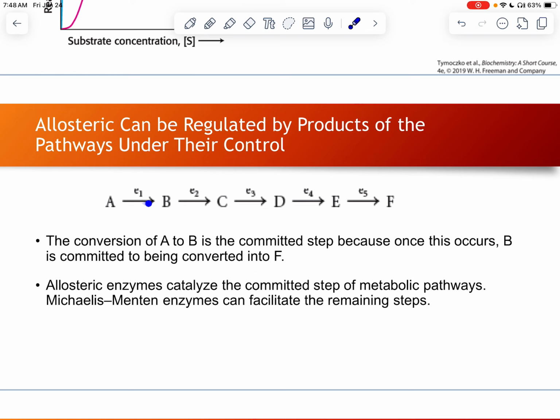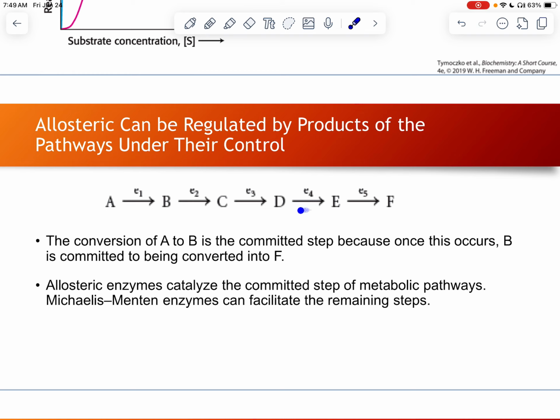In this case, there's only one reaction pathway all the way through here, so we might call this first one the committed step, because once this occurs, there's nowhere else for B to go. It's just got to continue down the line to get to F. So generally, if we have a committed step, oftentimes what controls that is an allosteric enzyme.